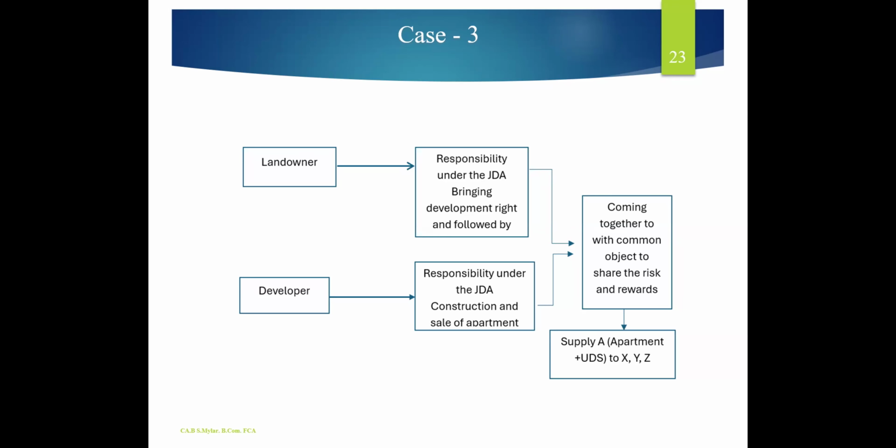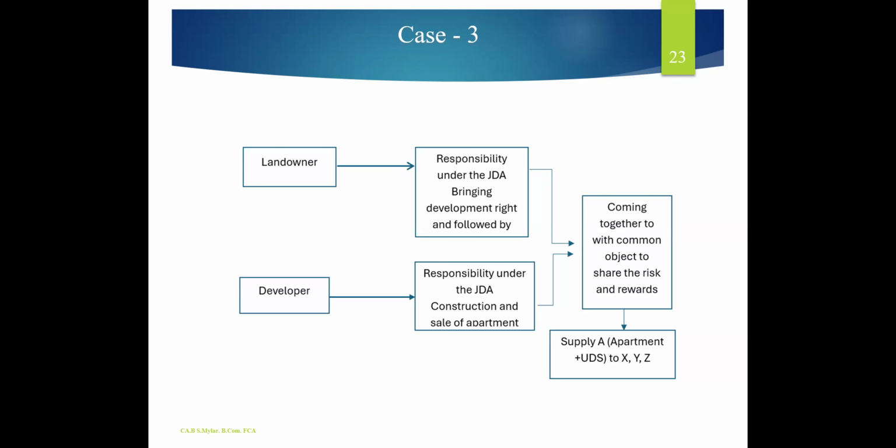In this activity, what happens? The landowner's responsibility is to bring the development rights, land, and provide that to the developer to develop, and the developer will develop the land brought by the landowner.